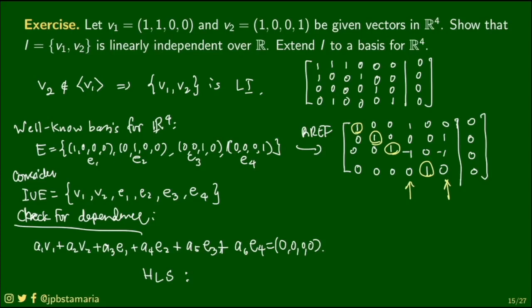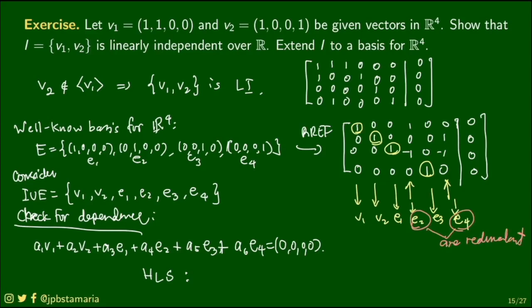I mean, the vectors corresponding to these columns are redundant. So if these are the columns corresponding to v1, v2, v3, e1, e2, e3, e4, which ones are redundant? So e2 and e4 are redundant.